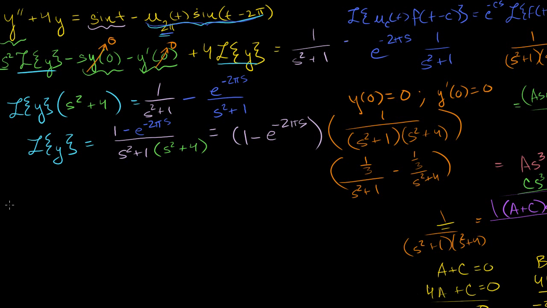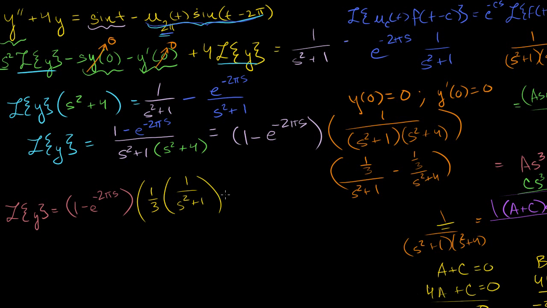So the Laplace transform of y is equal to 1 minus e to the minus 2 pi s times that mess that we just solved for, times 1/3 times 1 over s squared plus 1 minus 1/3 times, actually let me write it this way, because I have this s squared plus 4. I really want to have a 2 in the numerator, so you want 2 over s squared plus 4.